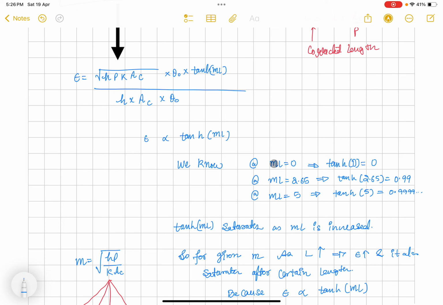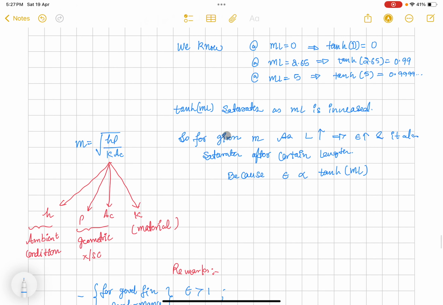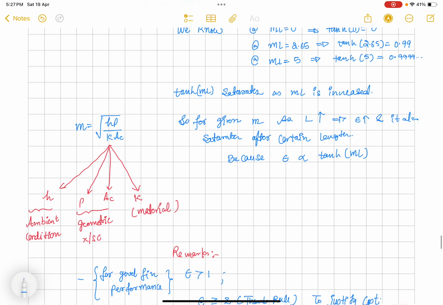We know that as we increase mL, the tanh saturates. As we increase mL from 0 to 5, the tanh value saturates from 0 to 1. So for a given m, as length is increased, effectiveness is increased. As L increases, effectiveness increases, but only up to a certain limit. After that, it will saturate.